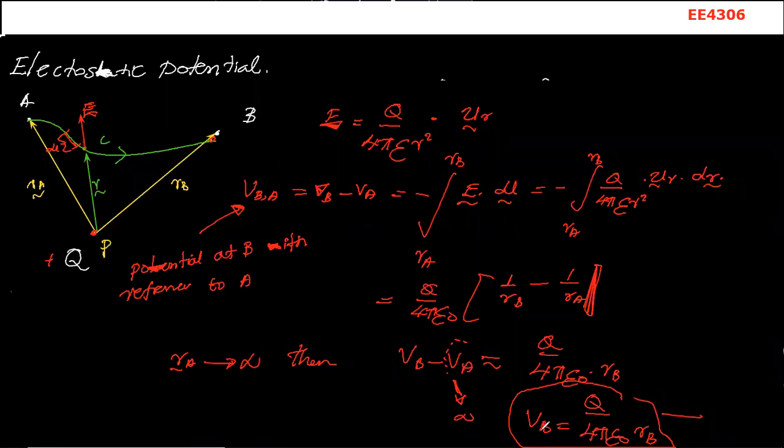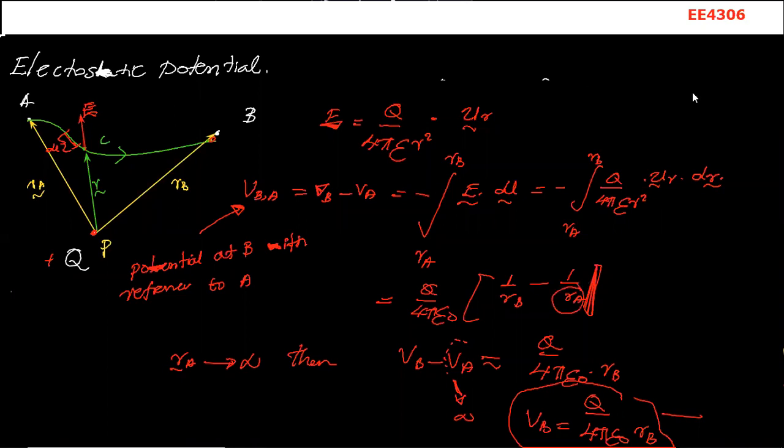So here we refer this potential with respect to point A. Point A, we assume, is located away from this point B. The chosen point we are selecting is the one at which the potential is 0. So I selected this point A as the potential 0. To bring that to potential 0, you have to increase this RA.